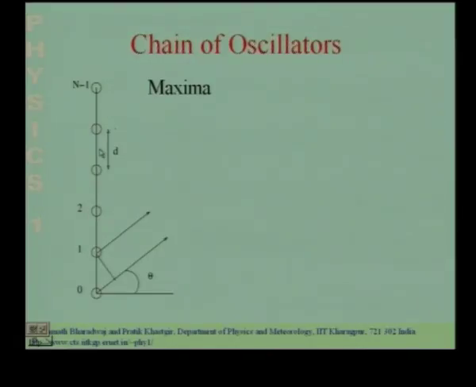The question that we are interested in is, what is the radiation that will be received by a distant observer at an angle theta? So, in this direction, what is the radiation that will be received by a distant observer at an angle theta. A distant observer is going to receive the sum of the radiation from each of these oscillators.